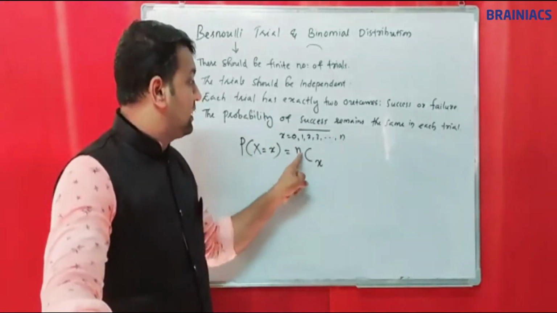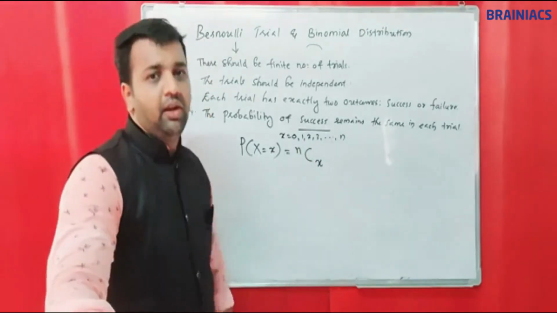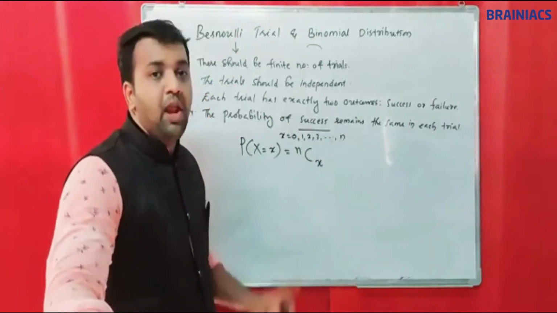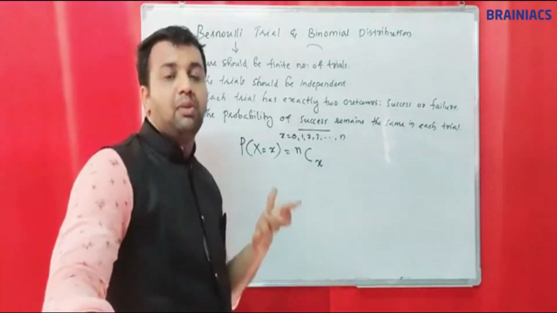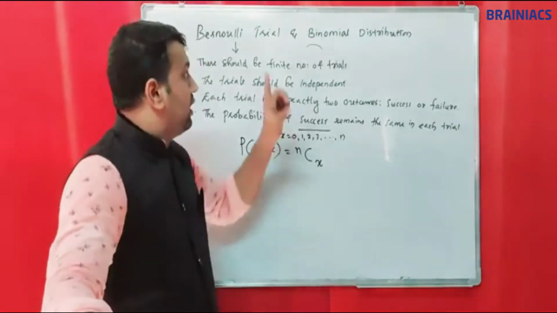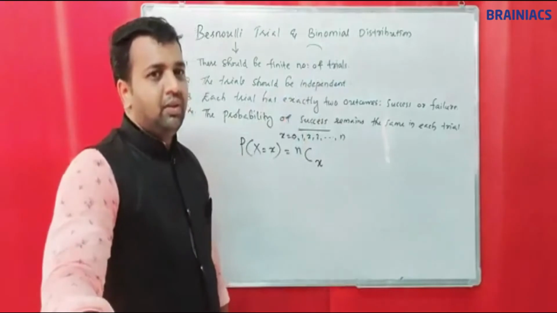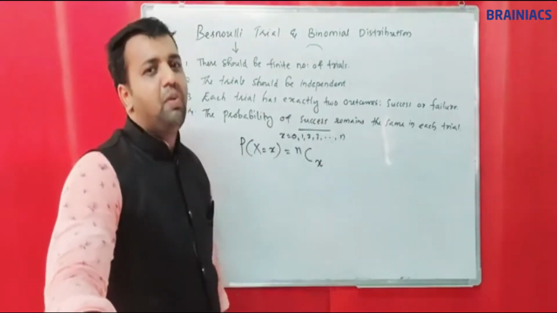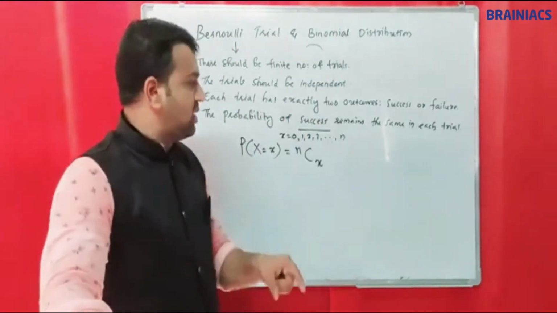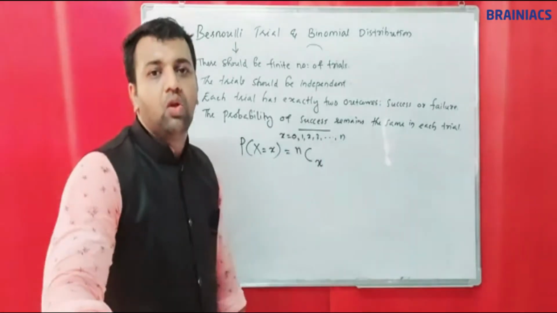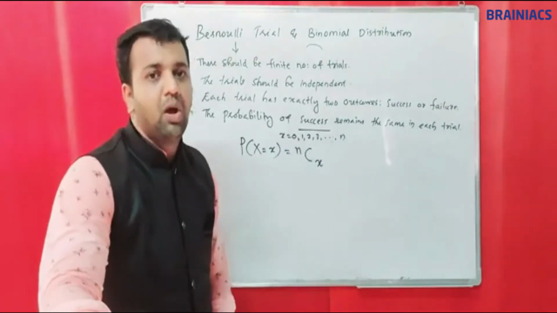So nCx is the binomial coefficient, and by using the binomial coefficient we can make a probability distribution. This distribution is called the binomial distribution, and that is why it is called binomial distribution. So in a binomial distribution we use a binomial coefficient to find the probability.